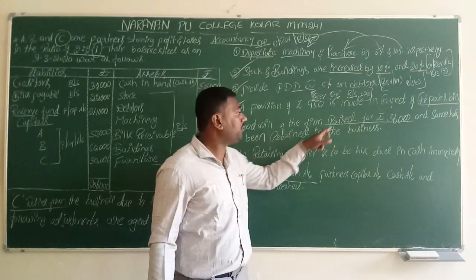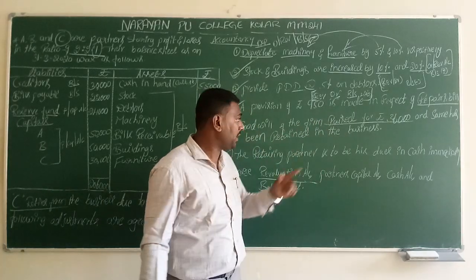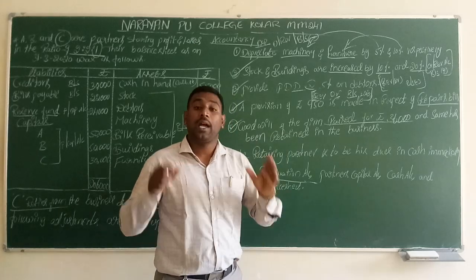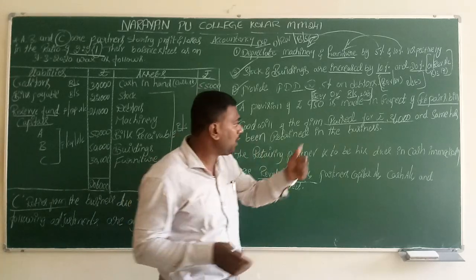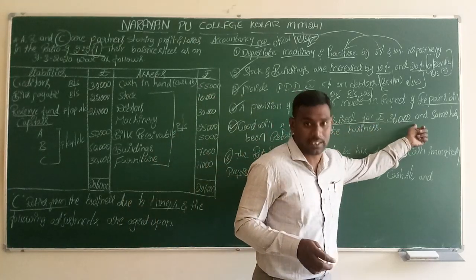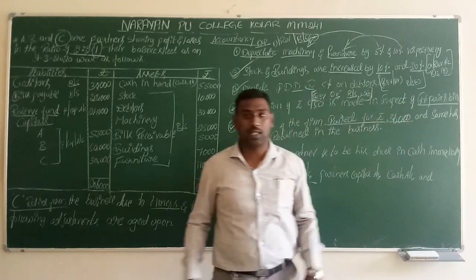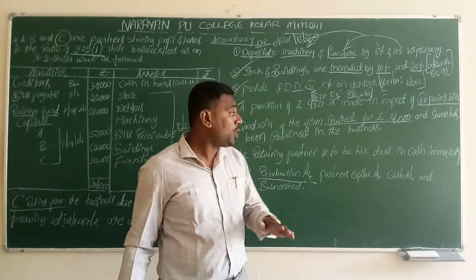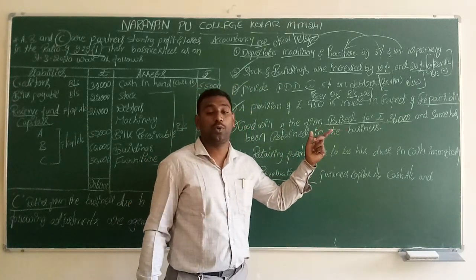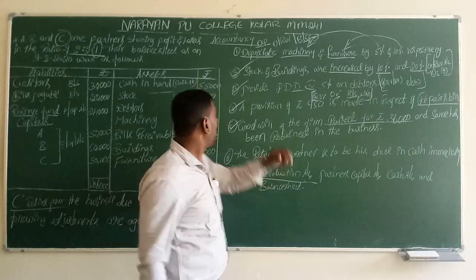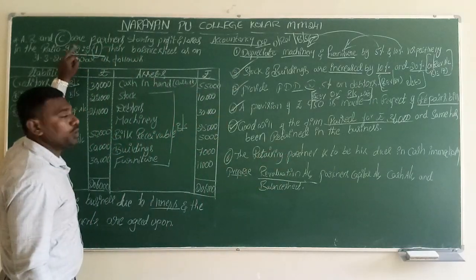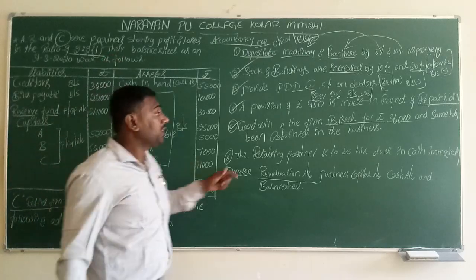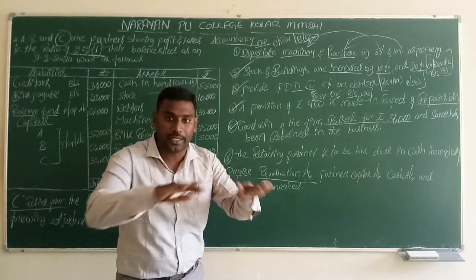The three partners, including the retiring partner, fix one value, rupees 36,000. In this 36,000 all the partners will have a right. So we distribute the 36,000 among all three partners according to their profit sharing ratio, that is 2:2:1. If the ratio is not given, we should distribute it equally.